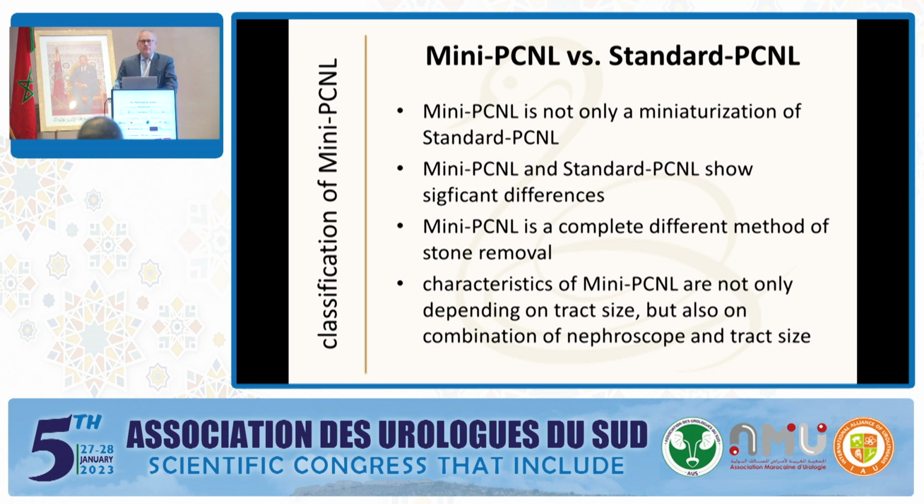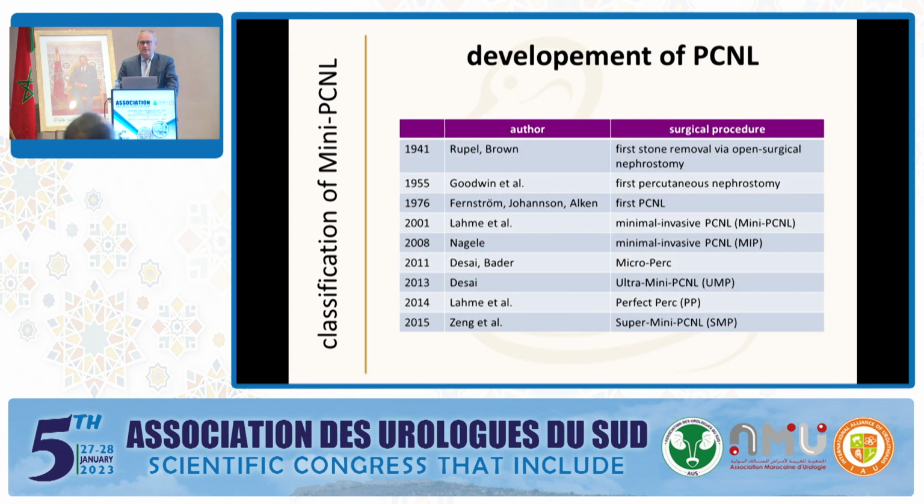And the characteristics of mini PCNL, and these are the important things to talk about the classification, are not only depending on tract size, but also on the combination of the nephroscope and tract size. If we have a look at the development of PCNL, it started in 1941, where the first stone removal via open surgical nephrostomy was done.